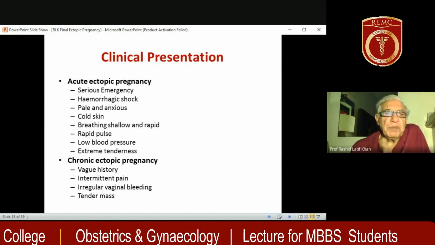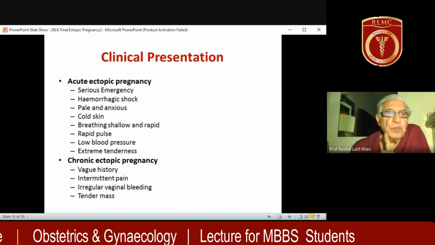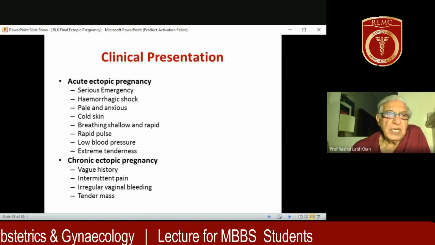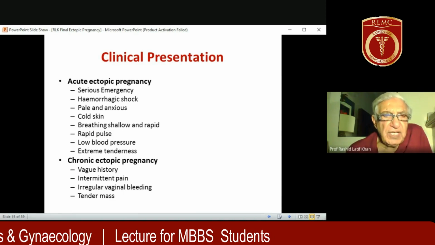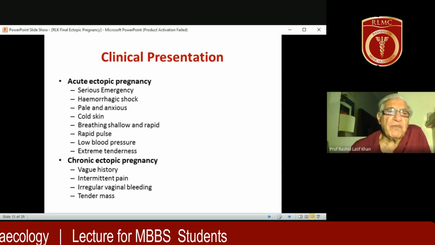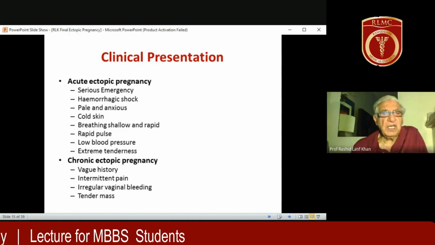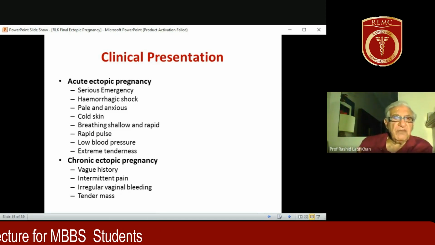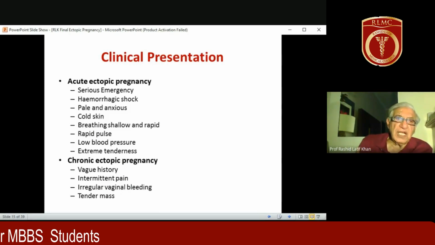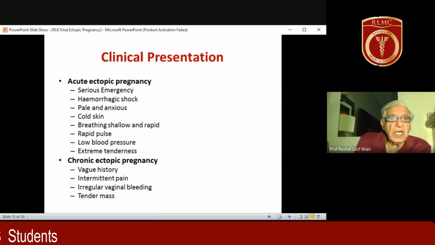Emergency laparotomy or laparoscopic surgery should be carried out on those patients. In acute ectopic, you require very little help from the laboratory or any other investigation. It's a clinical diagnosis, and hurried surgical management should be provided.